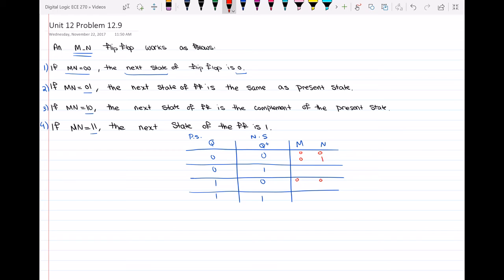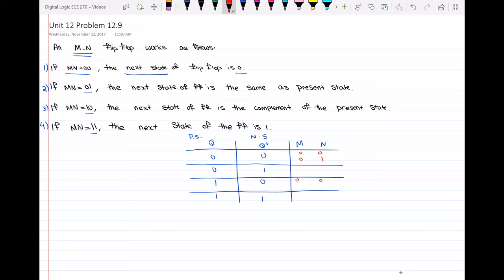Let's see if we have any other statements that fit this situation. Number 3 says that the next state of the flip-flop is the complement of the present state, which is not the case. And statement 4 says the next state of the flip-flop is equal to 1, so this is not the case as well. And in statement number 2, we had that the next state of the flip-flop is the same as the present state.